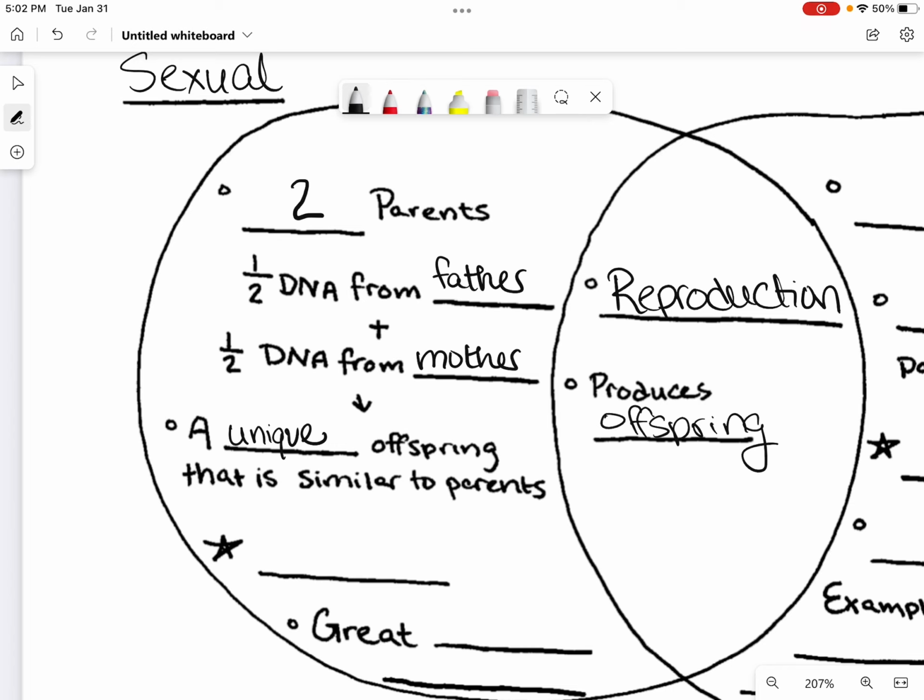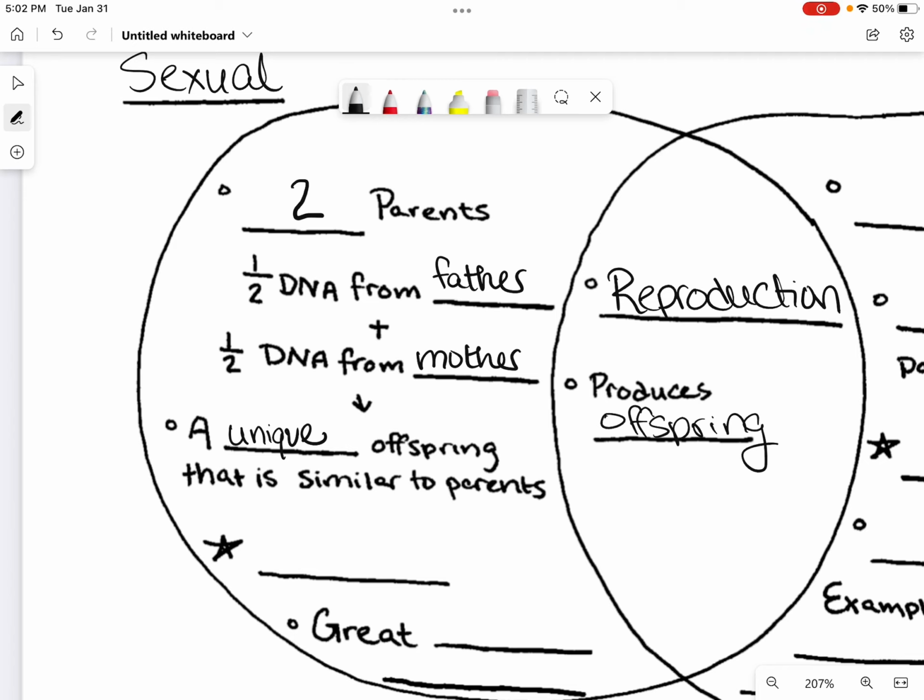So you're going to notice that offspring are similar to their parents, but they're not going to be exactly the same. So you might think about you and your siblings, or one of your friends and their siblings. They might all look similar, but they're not going to be identical.